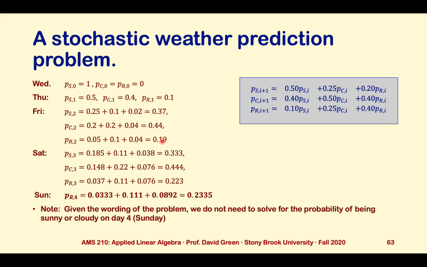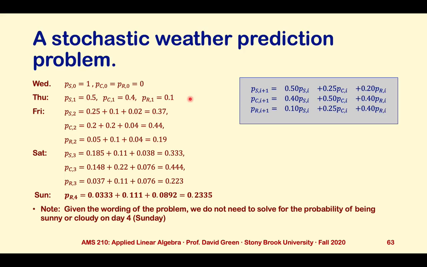It's always good in these scenarios to double check at each step that your probabilities add to 1. Starting point, we had a probability of 1 being sunny and 0, 0 for the others. For the first day, 0.5 plus 0.4 plus 0.1 is 1.